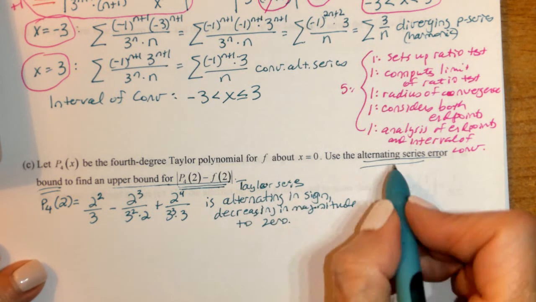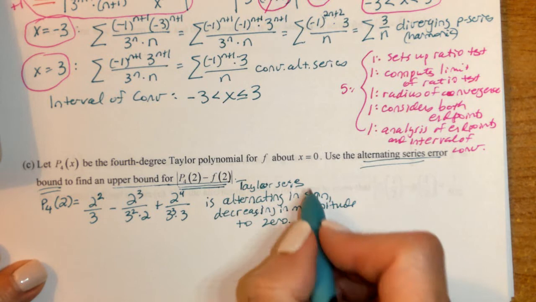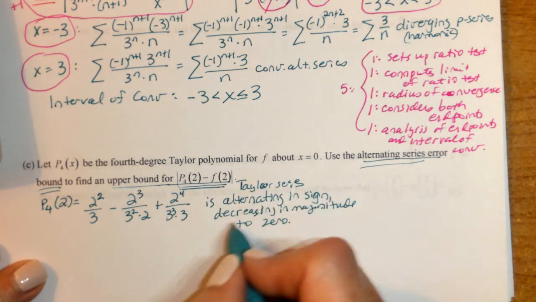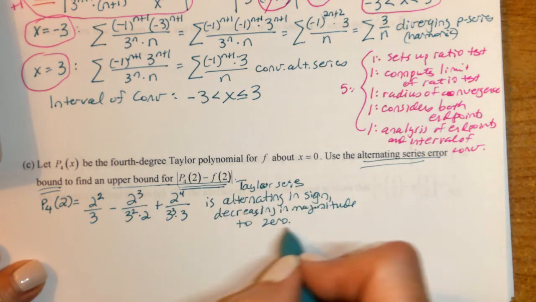That's our condition to use the alternating series error bound. So that's alternating in sign, decreasing in magnitude to 0.